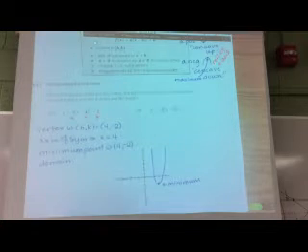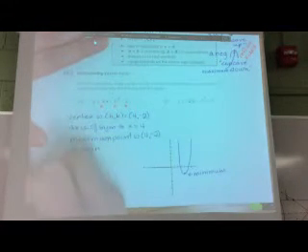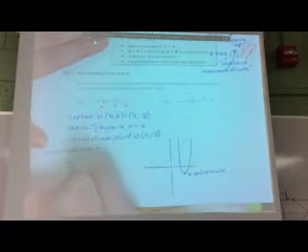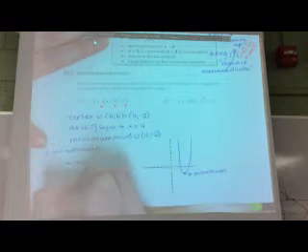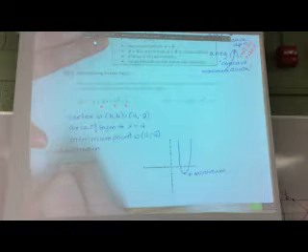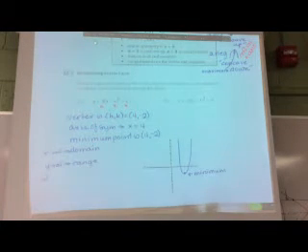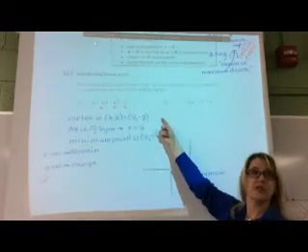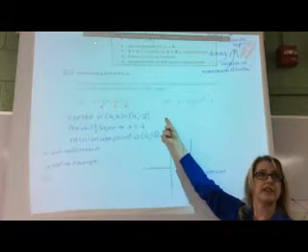Now, the domain of a parabola or any function is the x values. So let's put a little arrow here. And we're going to also do the range, which is the y values. Would you agree, if I let this graph get large enough, this is going to go off in this direction infinitely?